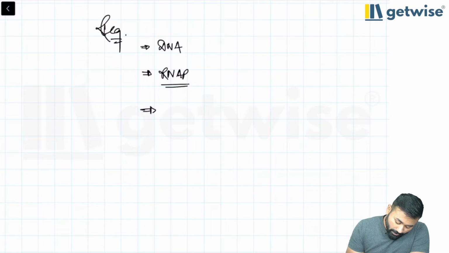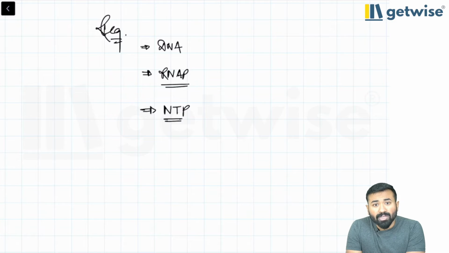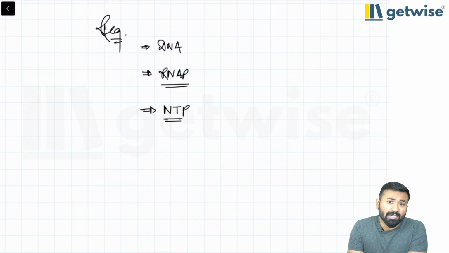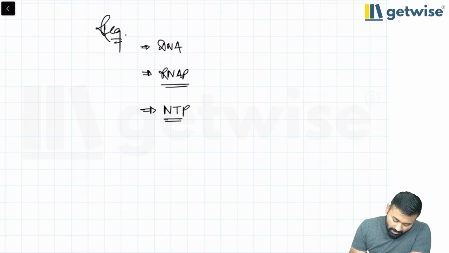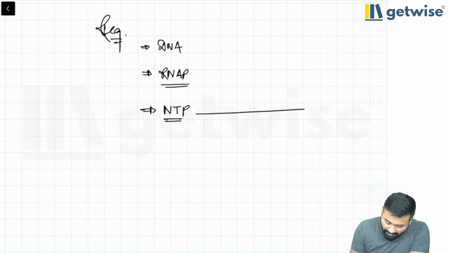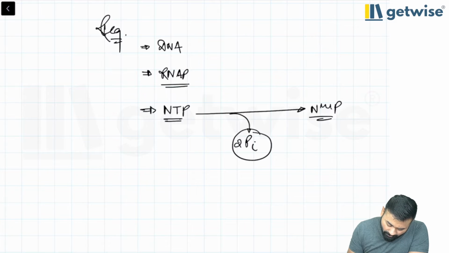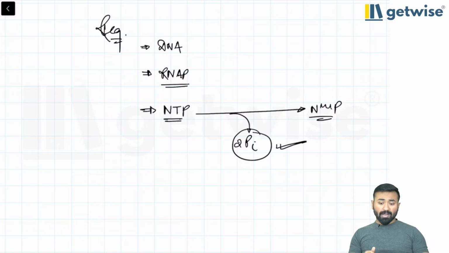So we use nucleotide triphosphates. Actually, in the formation of RNA we only need monophosphates, but nucleotide triphosphates are used and there is breakdown of two phosphates and formation of nucleotide monophosphates. So these two high energy phosphates provide the energy that is required for formation of RNA.